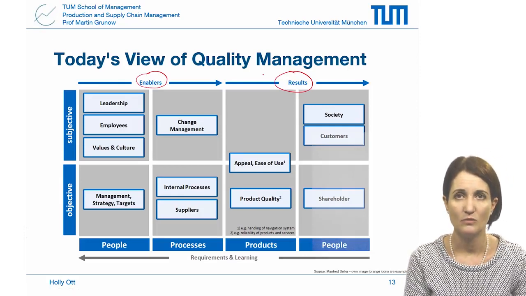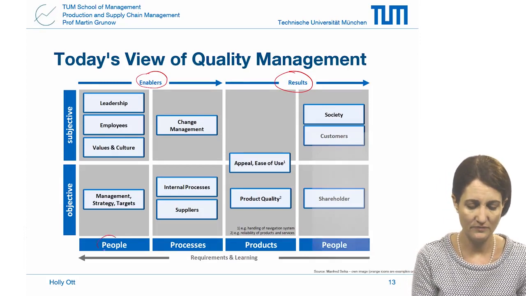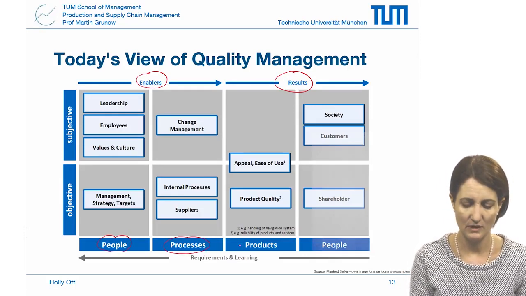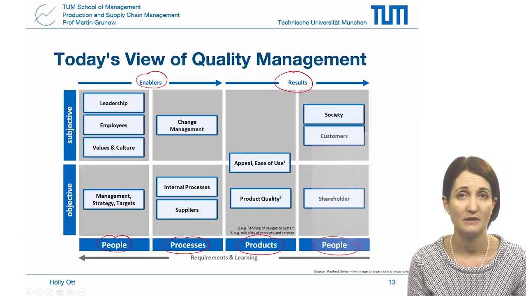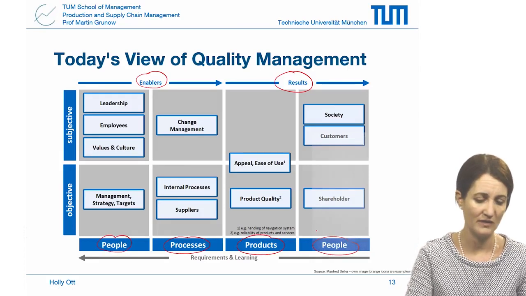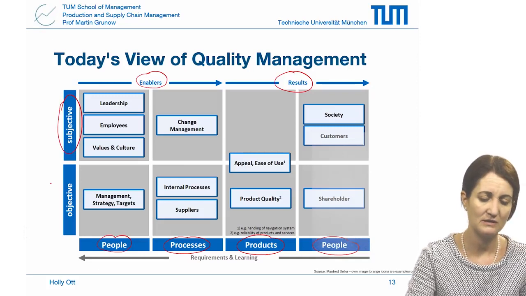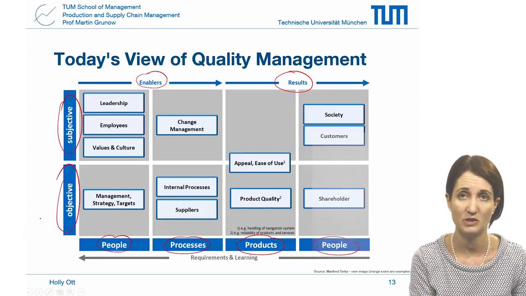Now, what these involve are people, processes, products, and then back to people again. And he divides this into two sides. You have the subjective side of quality management and the objective side of quality management.